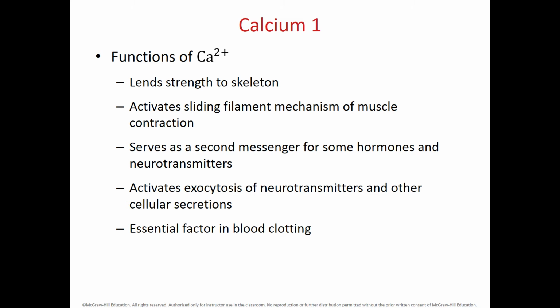And also it's important for the contraction of muscles, for the sliding of actin over myosin. It also acts as a second messenger for some hormones and neurotransmitters in our body, helps in the release of neurotransmitters in the synapses, and it is a clotting factor as well.